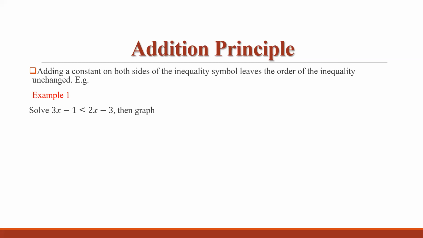Which range does that variable fall in? After that, I have to graph and tell the range where that variable falls. So we need to solve this example. This is the question: 3x plus 1 less than or equal to 2x minus 3.